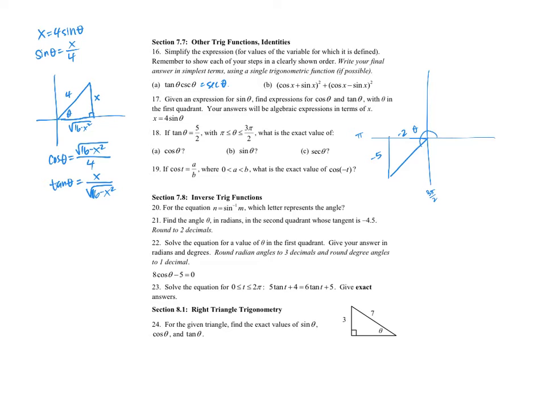Okay, so what is cosine theta? So what I can do is solve for the third side of the triangle here. So -5 squared plus -2 squared is equal to c squared. And so what does that give me? c is equal to square root of 29.